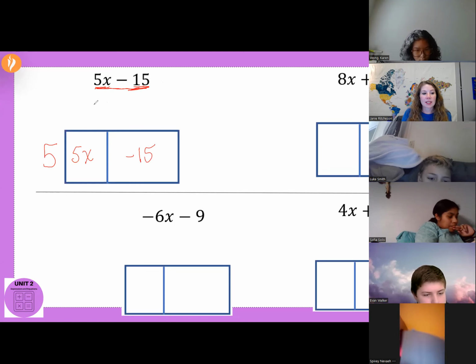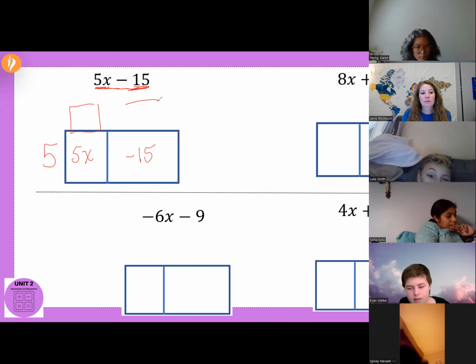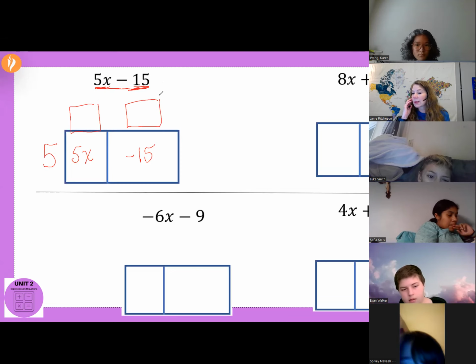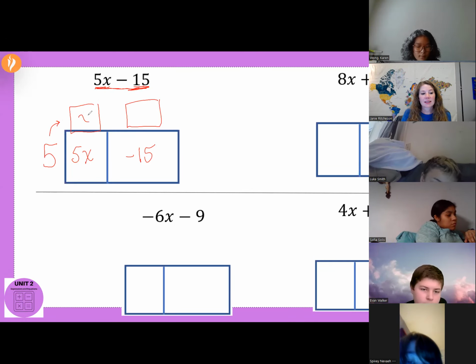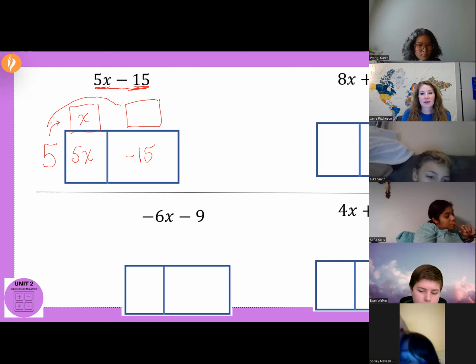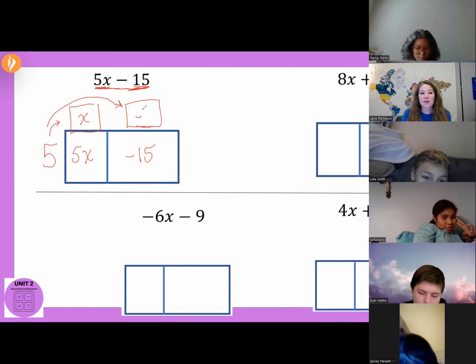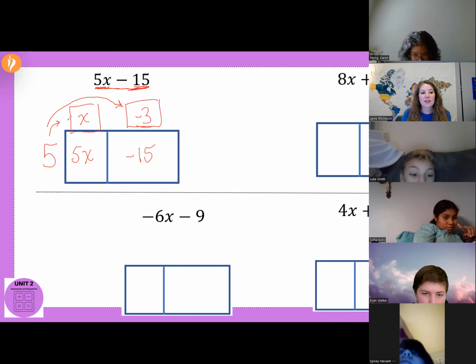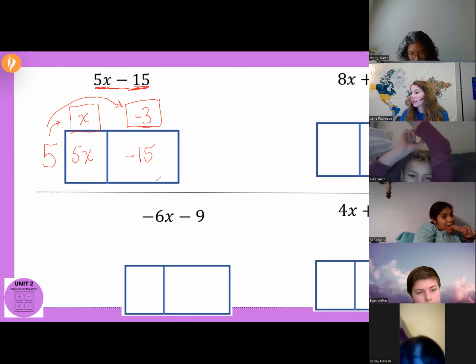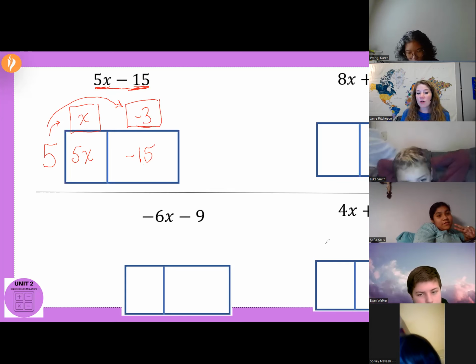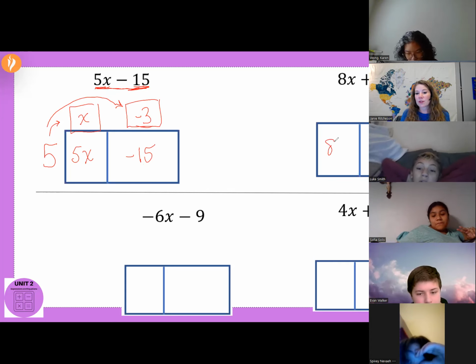Now, what is going to go on the top? The one by the 5 and 5x is going to be x, because it is x times 5. And the next is going to be negative 3, because if I distributed 5 times x, I'd get 5x, and 5 times negative 3 is negative 15.